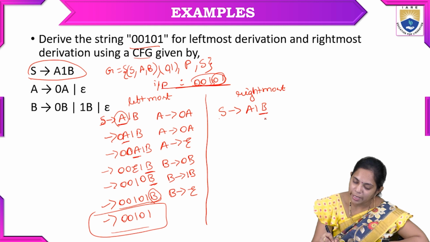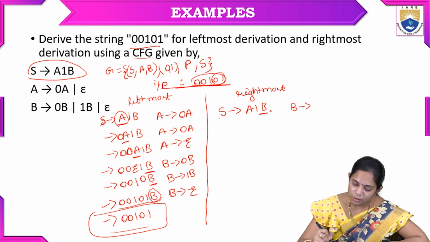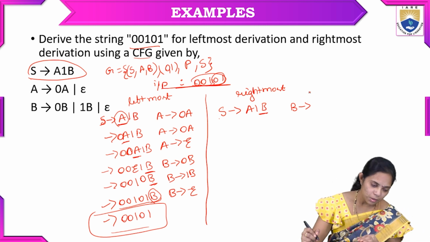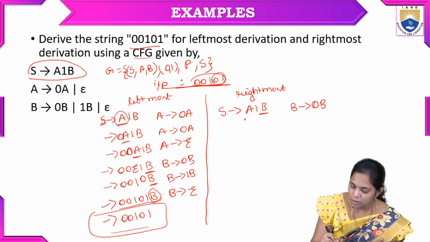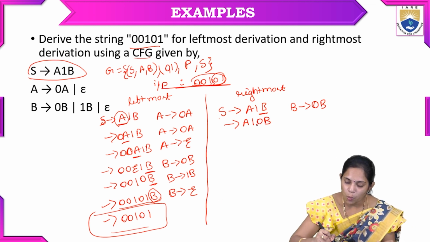So the non-terminal on the right hand side is B. So if you substitute B tends to 0B, here A 1 0 B. So here we already have 1 0 1 0.